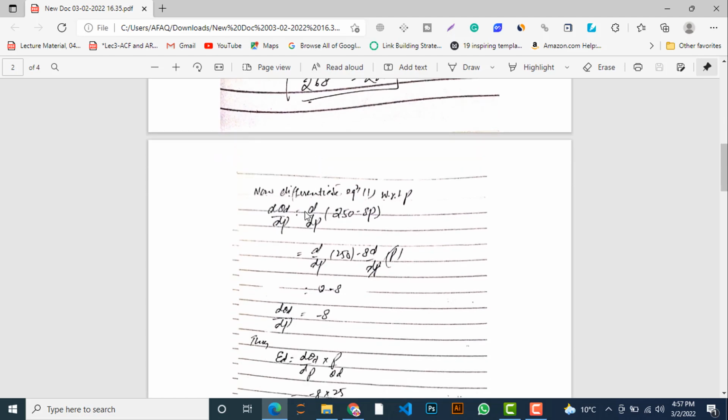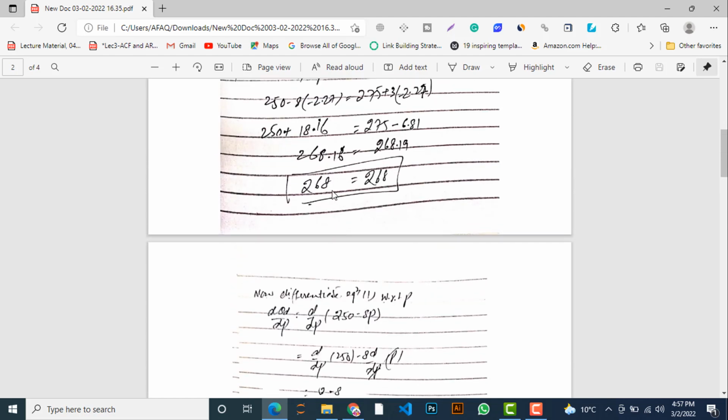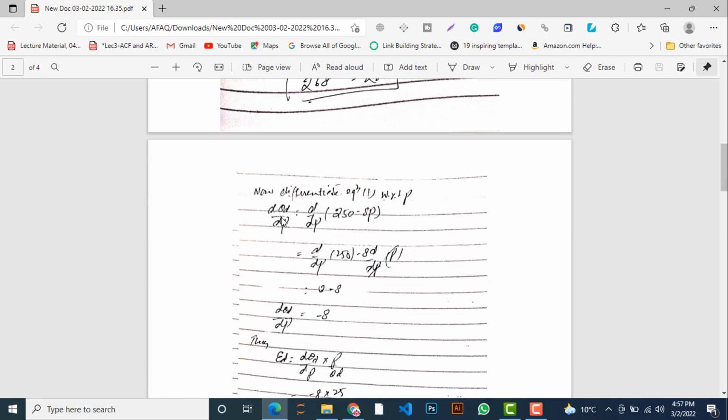Now we have found the value of QD and QS, which is the same for both quantity demanded and quantity supplied in equilibrium condition. So we will use this quantity Q for calculating the elasticity of demand and elasticity of supply. Now we need dQ over dP, which is d over dP of equation 1, related to the quantity demanded, 250 minus 8P.